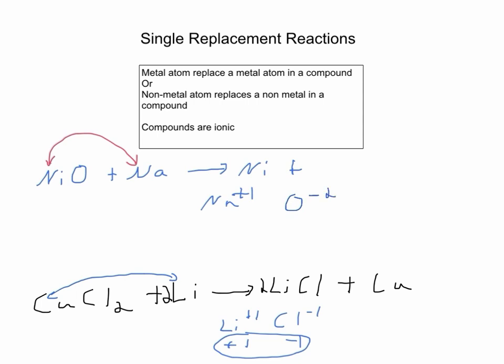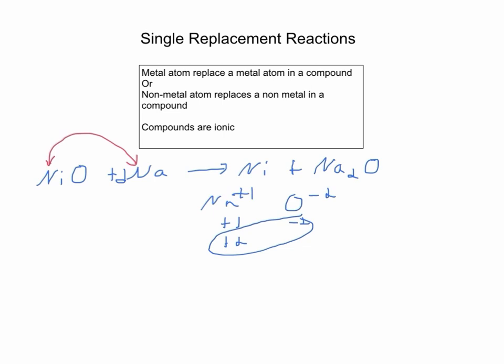So we write out our common multiples, and we see that our compound must be Na2O. Once we do that, now we can balance. So we need 2 sodiums and 1 of everything else, and we are done.